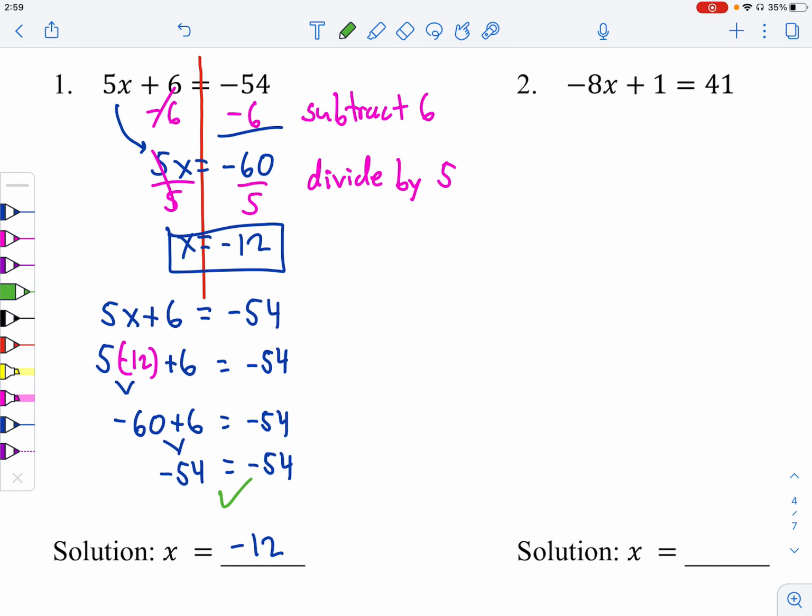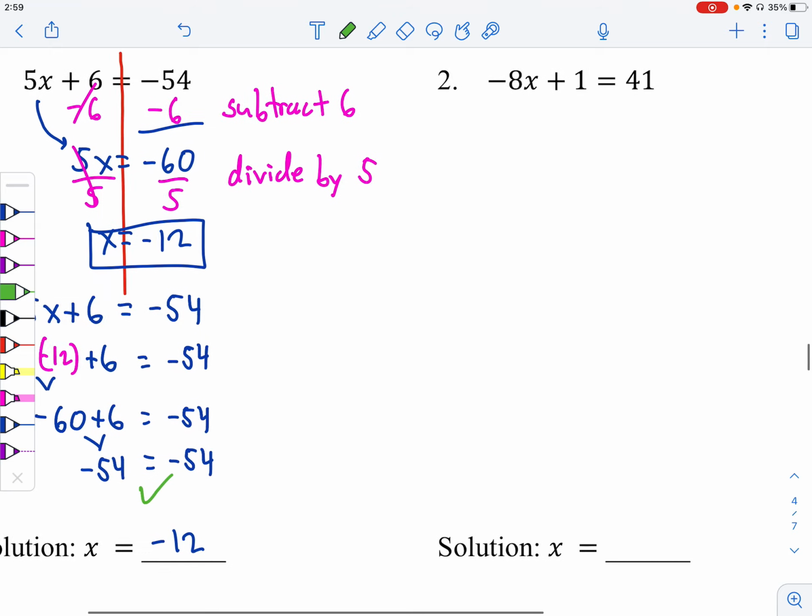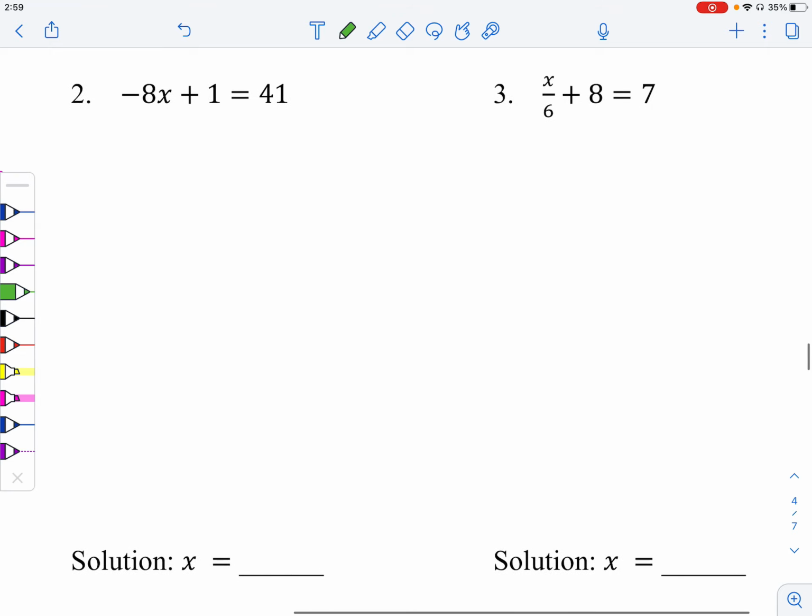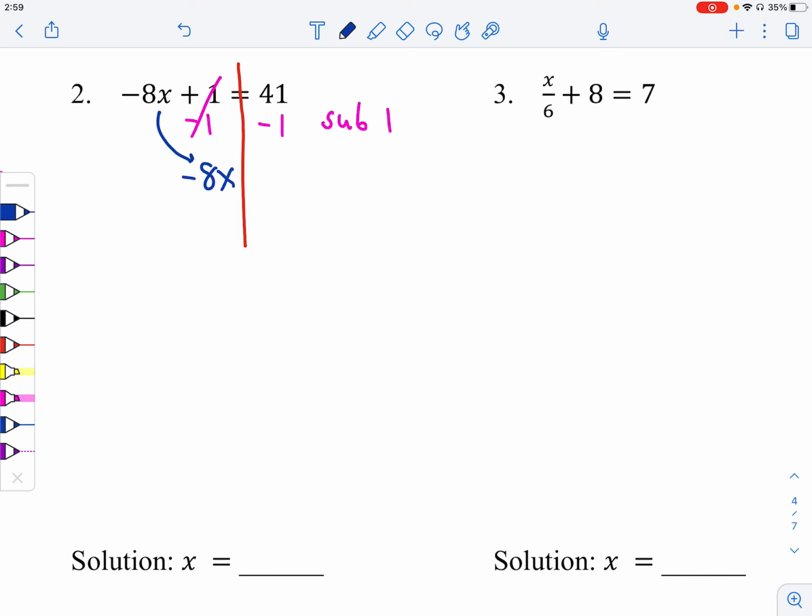Okay, so number 2. Same thing. You want to detach. Right? Get rid of our friends first. Right there, +1. We want to be alone with our partner. So we're going to subtract 1. Bring down what we have right there, which is -8x equals 41 minus 1 is 40.